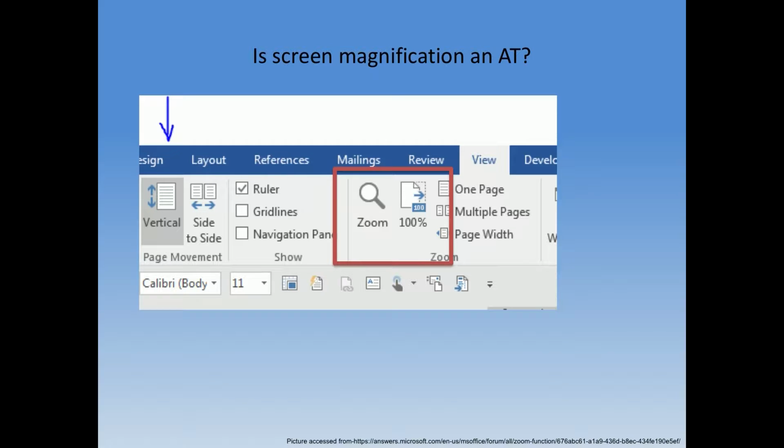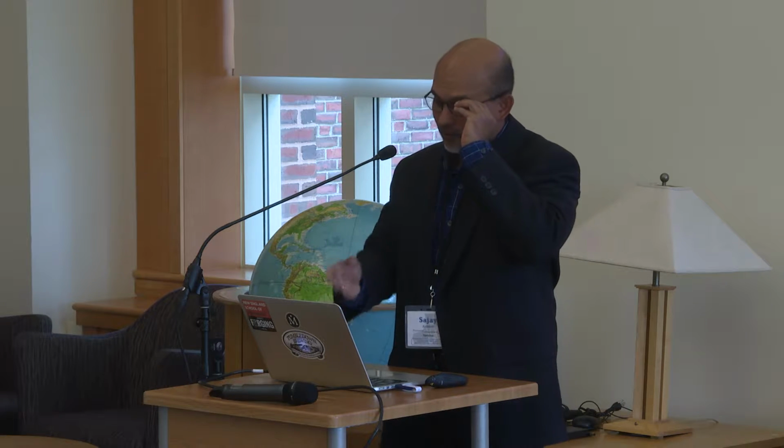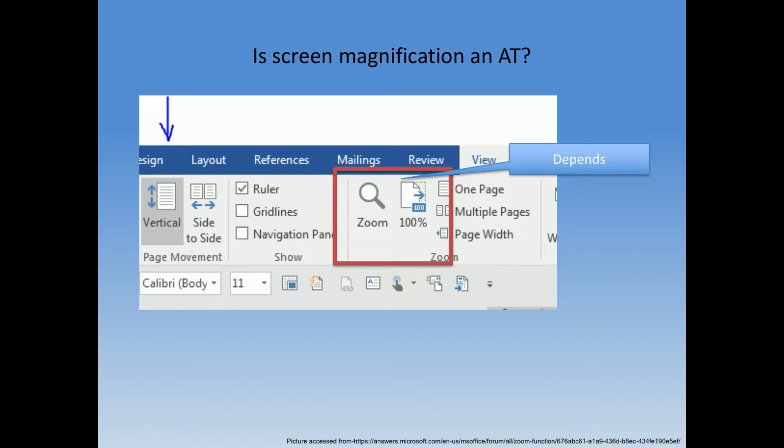Okay. I heard depends. It depends. Yes, it depends. And the reason is that, yes, if I used it, I have corrected vision, so I may not qualify it to be an assistive device. But if I had severe low vision and I required the document to be magnified 200, 400%, then here you have a mainstream application transforming to function as an assistive device.